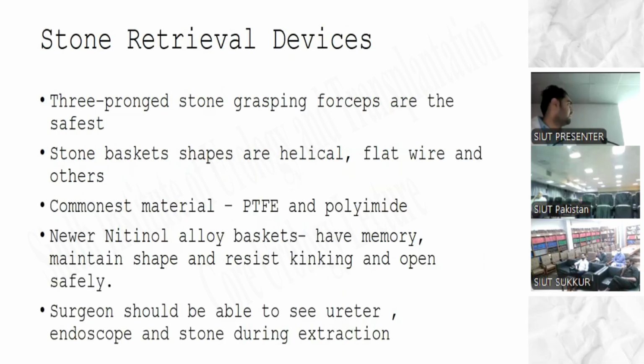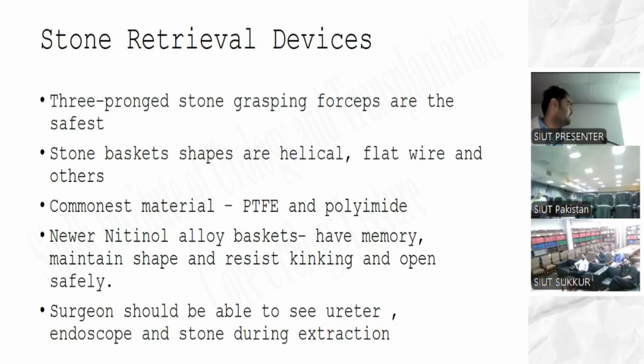Again, as we described in the tables regarding the stone retrieval devices: the baskets, the grasping forceps, baskets again, and helical, flat wire, other, and the materials used: polytetrafluoroethylene, polyamide, and nitinol. The nitinol baskets have memory.